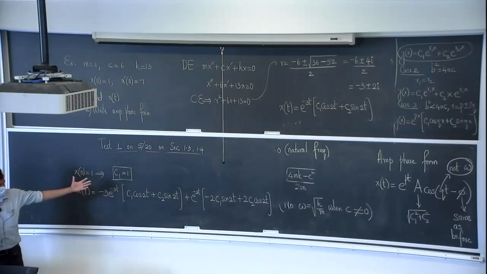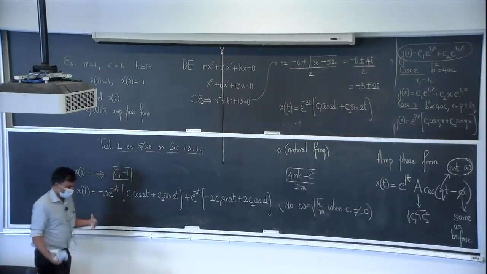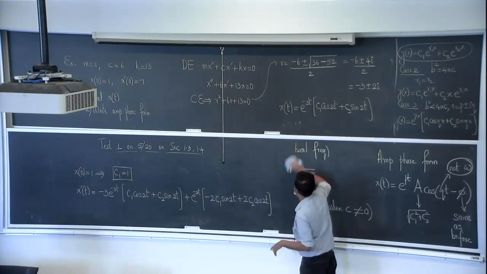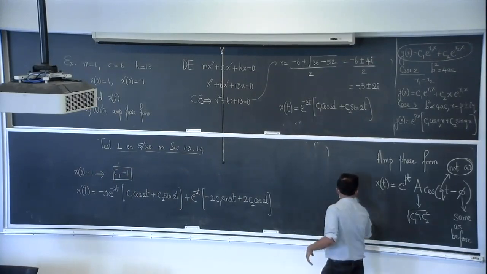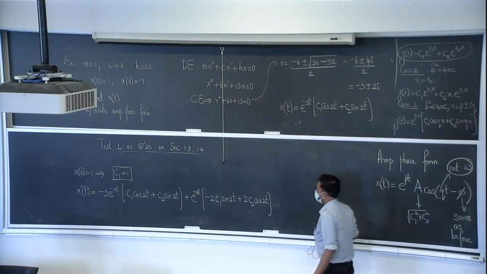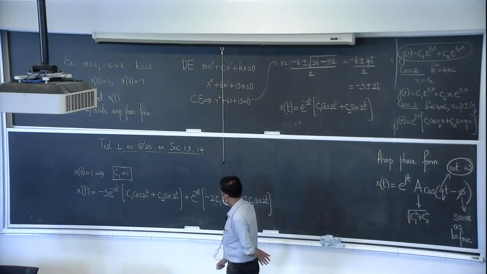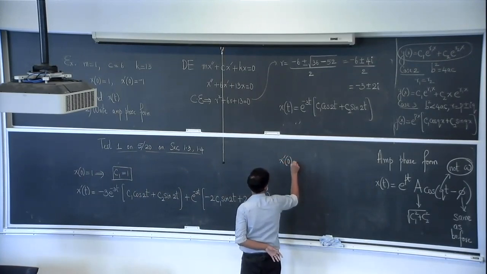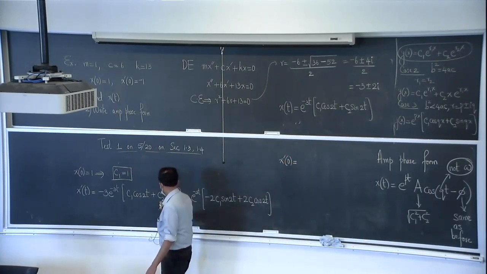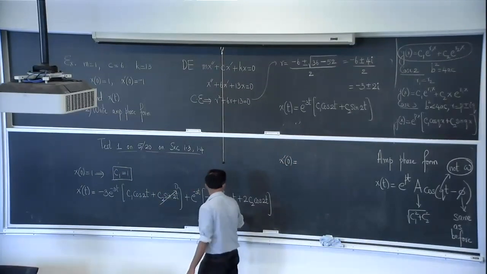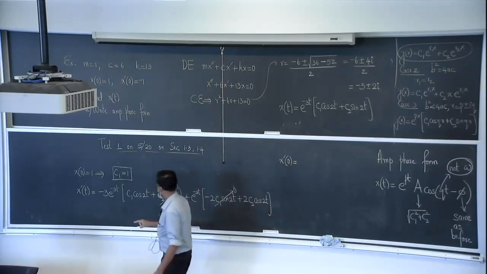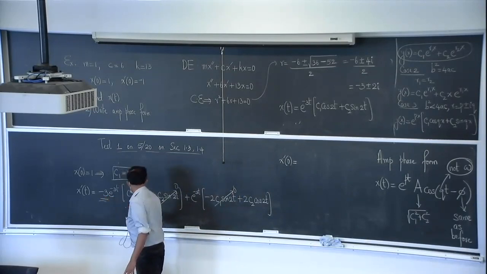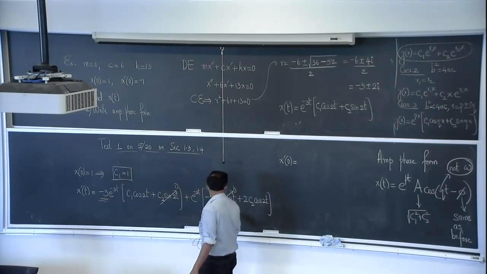This looks pretty lengthy when you write it, but it's actually nothing complicated if you know the product rule. And we are going to plug in t equal to 0. So x prime of 0 is going to be, well, sine of 0 is 0 anyway, so we have negative 3c1 plus 2c2.